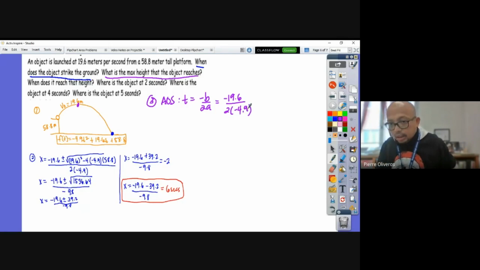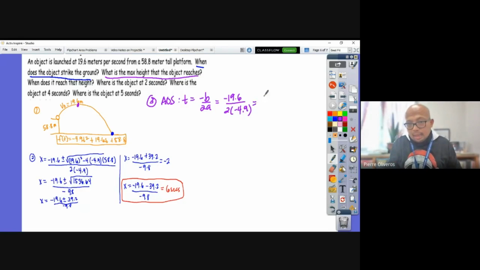So negative 19.6 divided by negative 9.8 will be at 2 seconds. So the vertex here will have 2 comma blank.